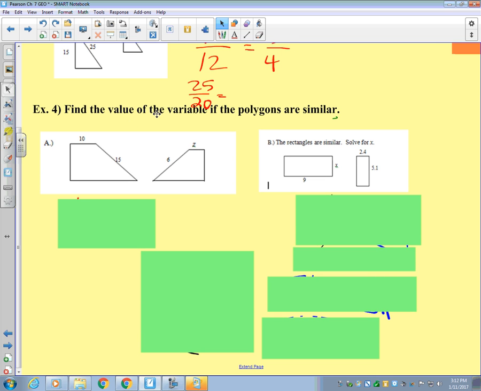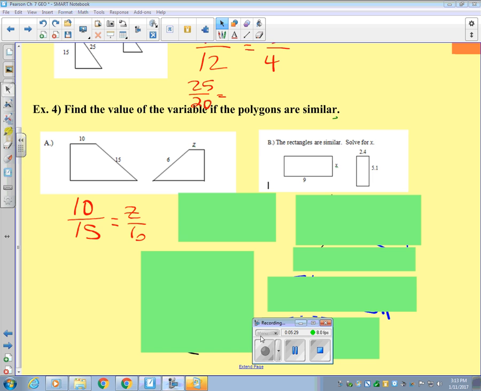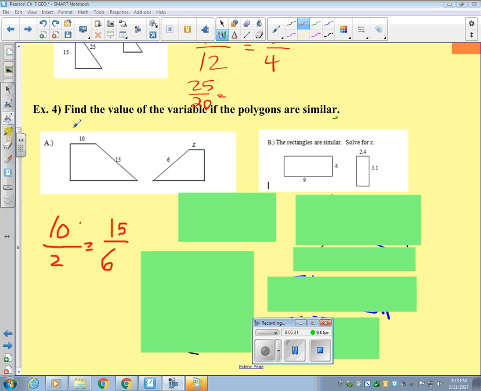All right, here we're going to find the missing variable for these similar polygons. So in this case, 10 over z is going to be equal to 15 over 6.